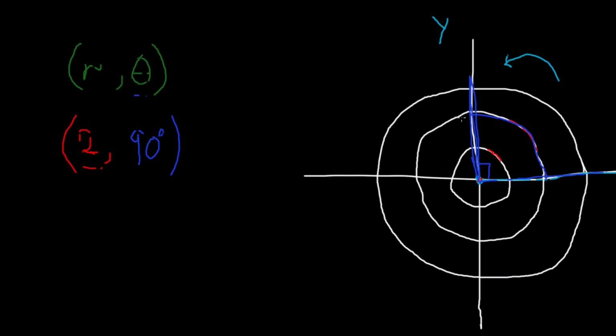So our point will be here. How did we get that? 90 degrees and then 2, meaning on the second circle.